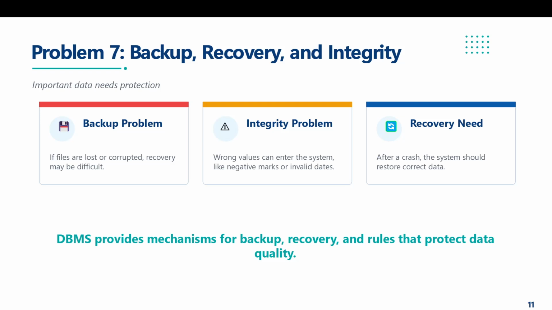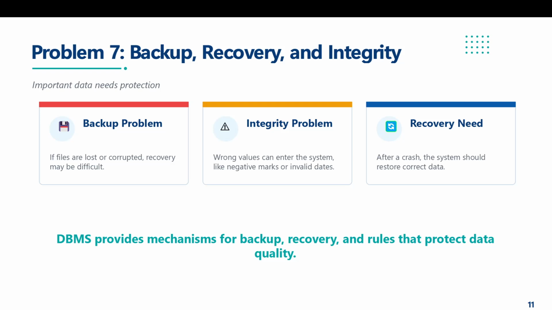And the next one, the integrity problem. Integrity means correctness and validity of data, right? For example, marks should not be negative. Attendance percentage should not be more than 100. Date of birth should be a valid date, so it has a specific format, right? Student ID should not be empty.